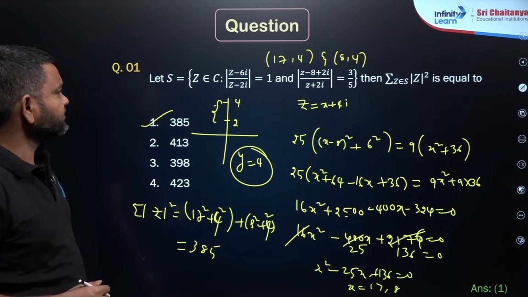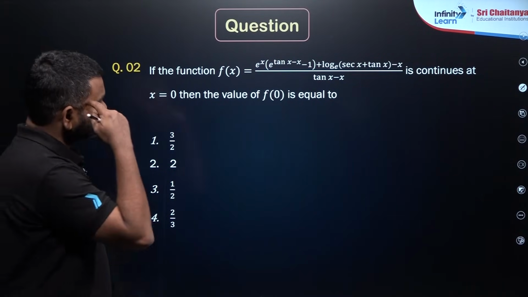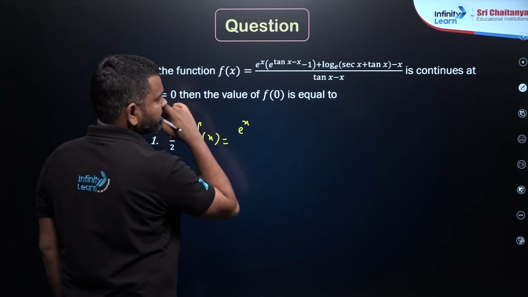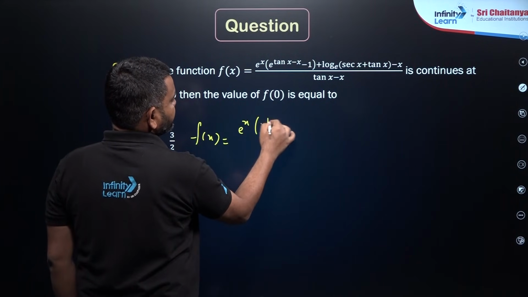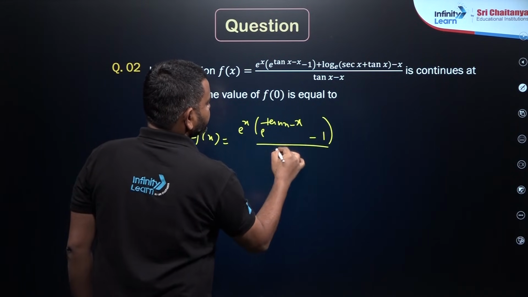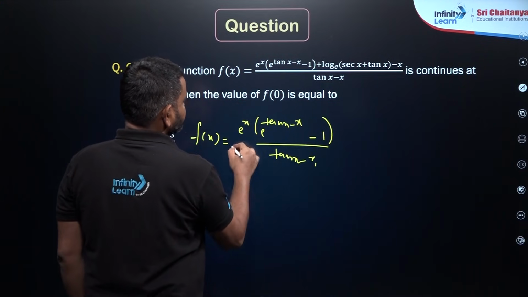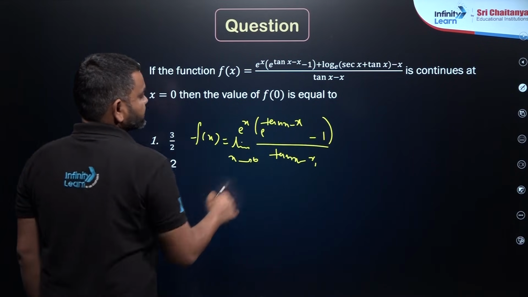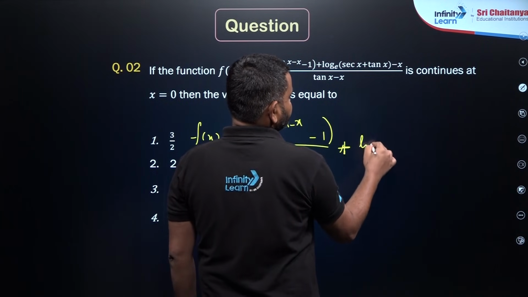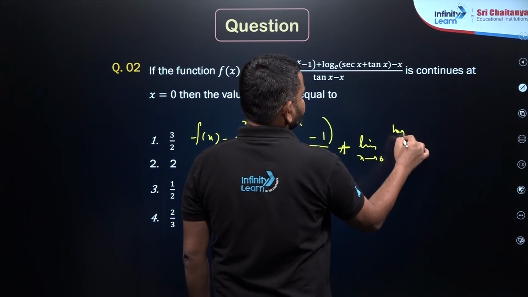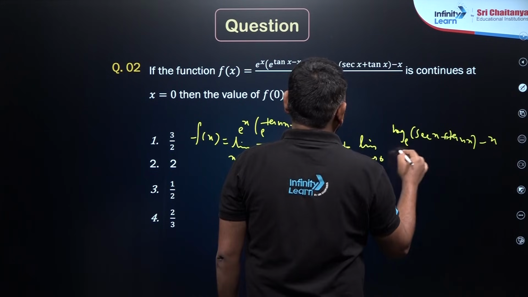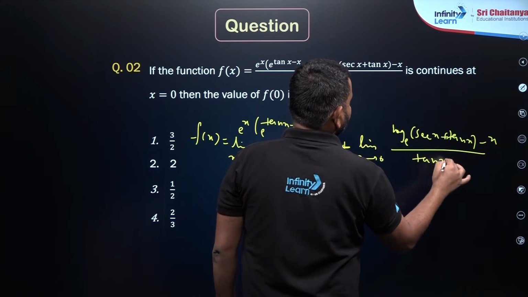All right, next, this will be your next question. If you observe this, f of x, I am going to write it as e power x times (e power tan x minus 1) divided by (tan x minus x), and we are taking the limit as x tends to 0 plus, plus the limit as x tends to 0 of log base e (secant x plus tan x) minus x divided by tan x minus x.